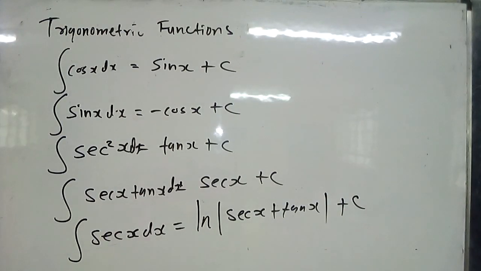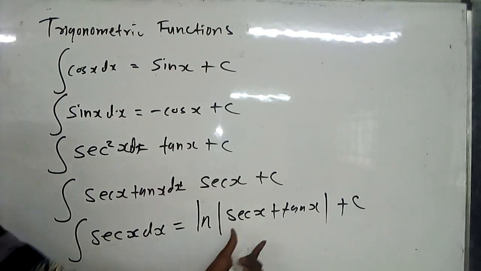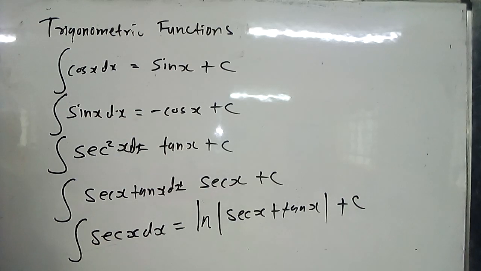So that is a standard integral. You don't need to do it when you see it in a question. Are we together? But we are going to see how ln of sec x plus tan x is coming about. But in an exam situation, it is not something to be derived. It is a standard integral. Is that okay?